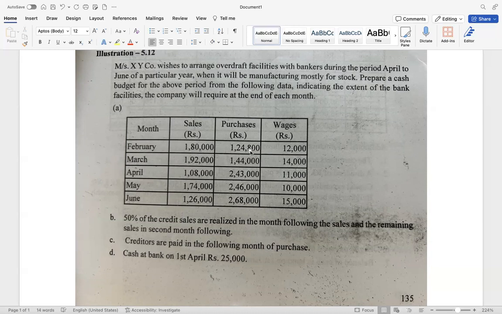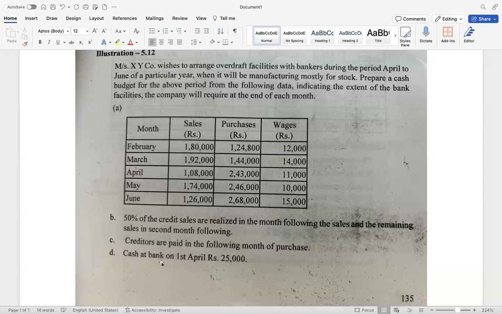Same thing happens even for the purchases. Creditors are nothing but those people who have supplied the goods on credit. We are extending credit when we sell goods. We also avail the credit from our vendors when we buy or purchase the materials. So the credit purchases are nothing but the creditors, okay?